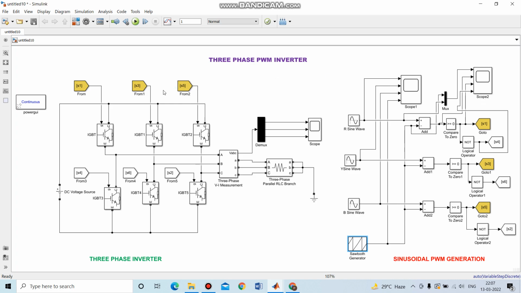Once all these circuits are connected, we save the simulation and run it. It has finished running, so now we are going to see the output. Here we see the scope of the voltage output from your VABC.